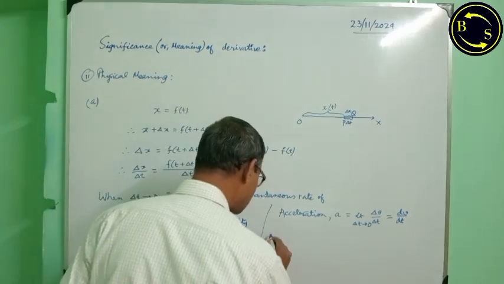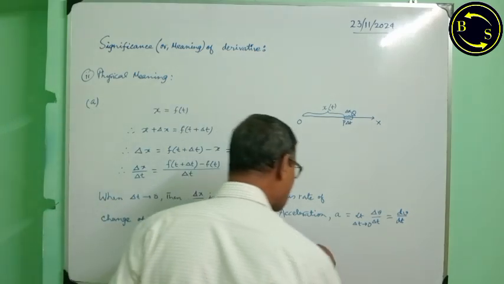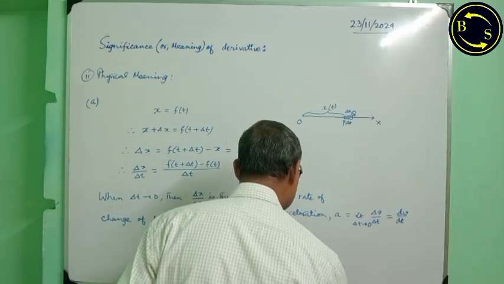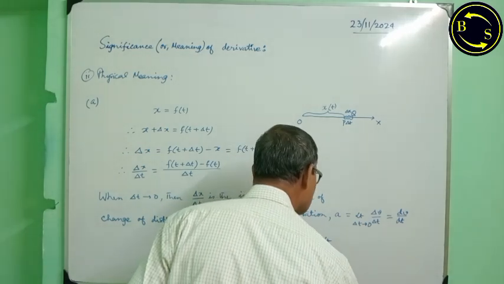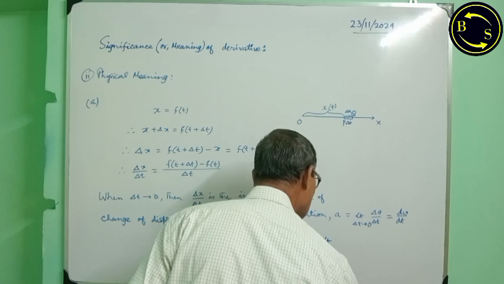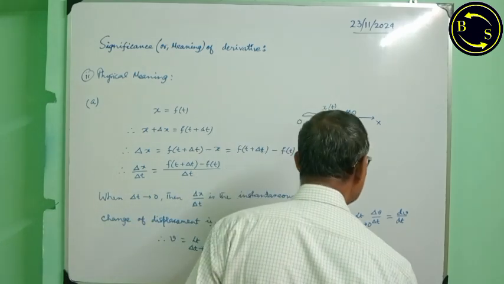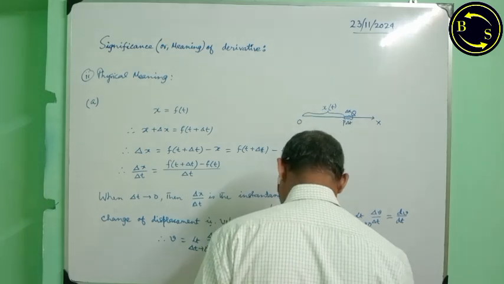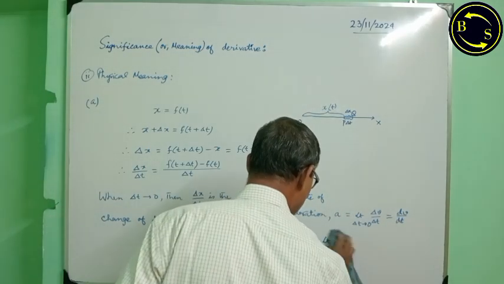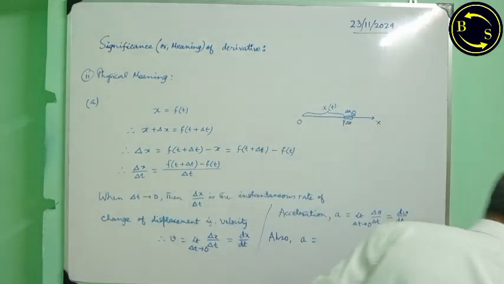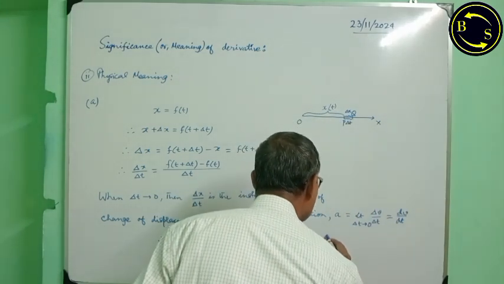Also, acceleration is equal to limit delta t tends to 0, or we can take this dv dt like this, d/dt of v.